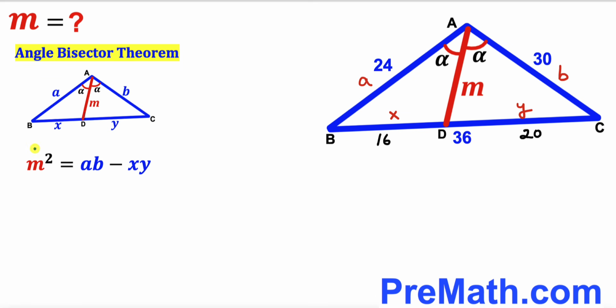Then we can write m square is going to be equal to a times b minus x times y. And we are going to apply this theorem in our given problem to solve for m value.